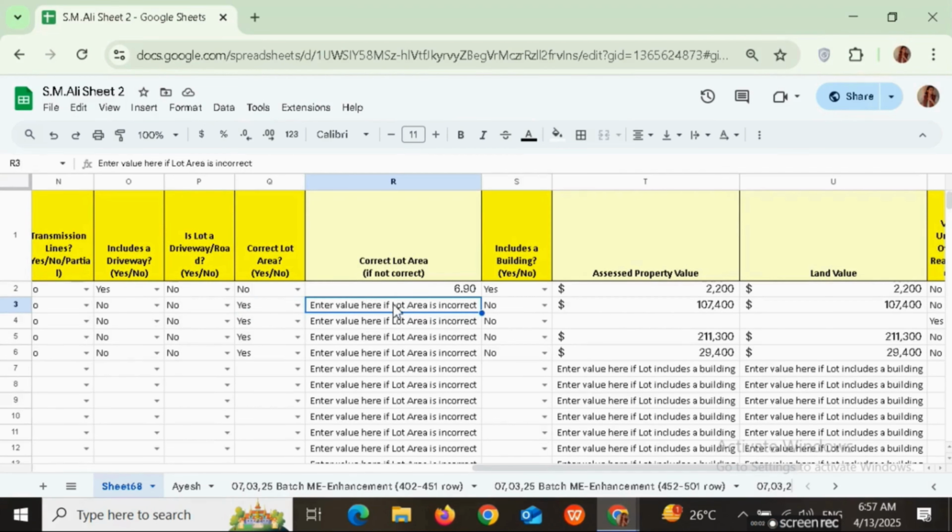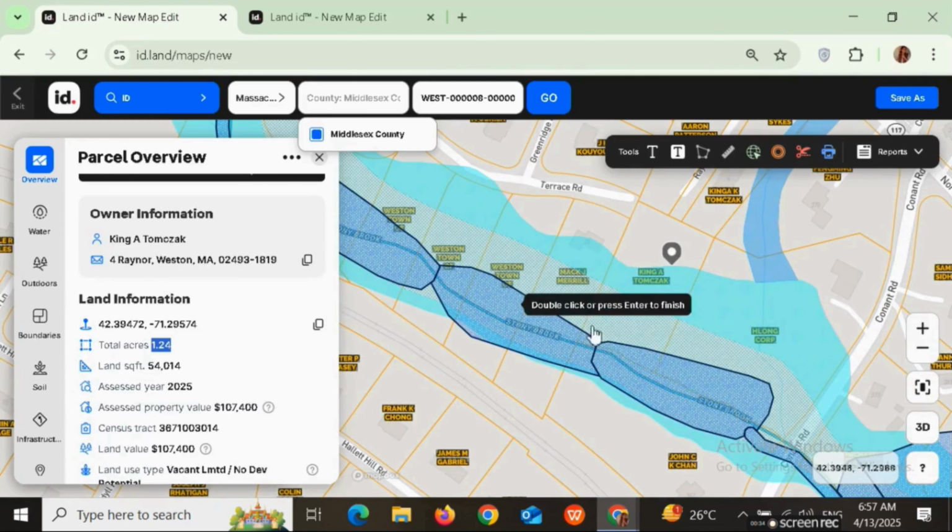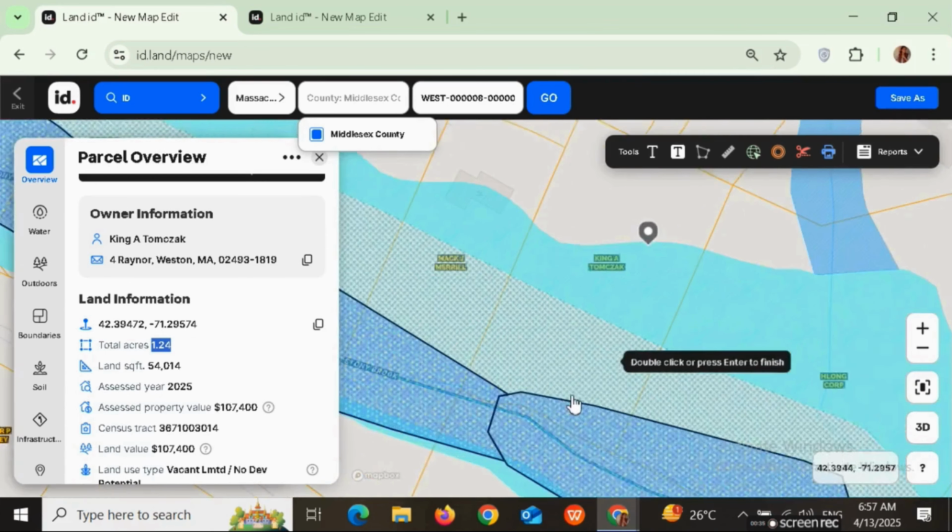If the lot area is not correct with the sheet on the original property, then we have to put the original value we found on the land ID here. In this case, lot area is correct, so I have to ignore this column for this property. And the other column is includes a building, so there is no building included in this property.